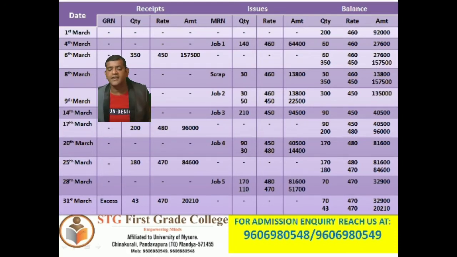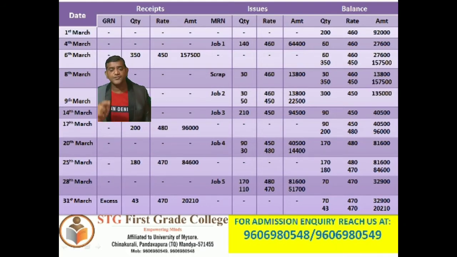So that is why refer to the 25th March balance column. So the first is 170 tons. I'm taking that 170 tons at 480 rupees. So 81,600 is the amount. So next balance I have 180 tons, but I require here, to meet 280 tons, 110 tons. How? 280 minus 170 I have issued already.